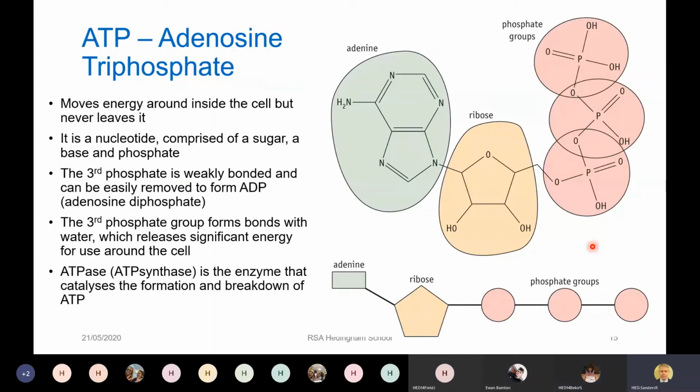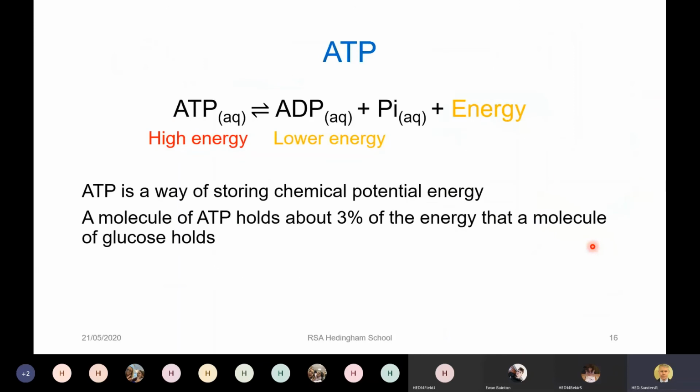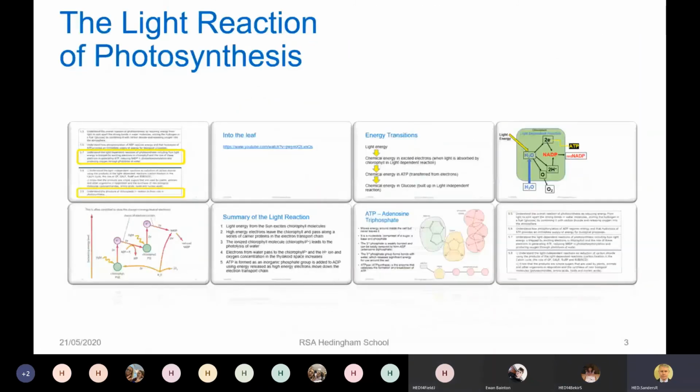That's just simply the ATP structure, and that one we did as well. So at the end of the light reaction, we've produced reduced NADP, which has hydrogen and electrons, and we have ATP, and that is all that's needed from the light reaction. They go into the light independent reaction along with CO2 and produce glucose, but that's another story.